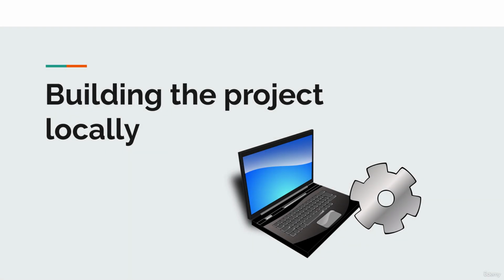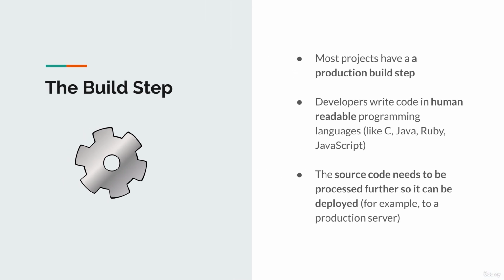Now, so far we have installed Gatsby and generated a project, and we have managed to start the local development server. But what we actually have locally is a bit different from what we want to send to production. Generally, every tool has a build step which is designed for production.